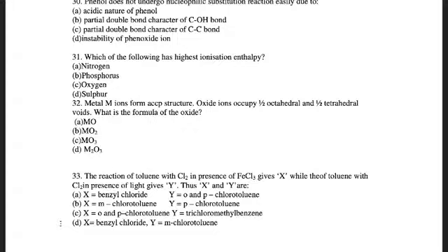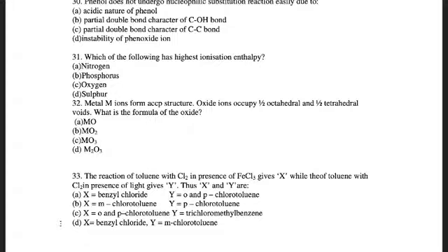Question number 33. The reaction of toluene with Cl2 in the presence of FeCl3 gives X, while toluene with Cl2 in the presence of light gives Y. Thus X and Y are: A. X is phenyl chloride, Y is o and p chlorotoluene.